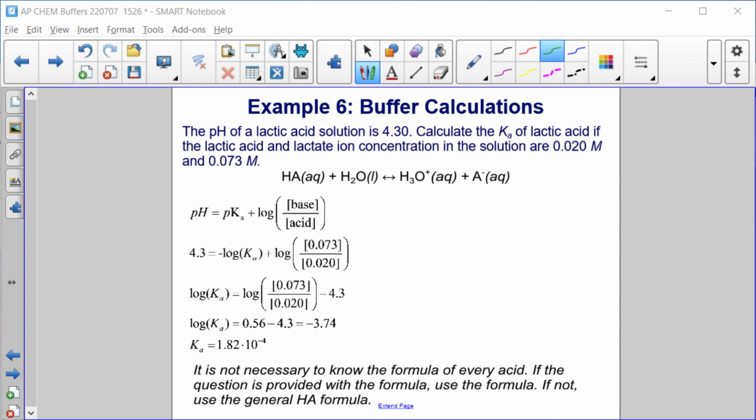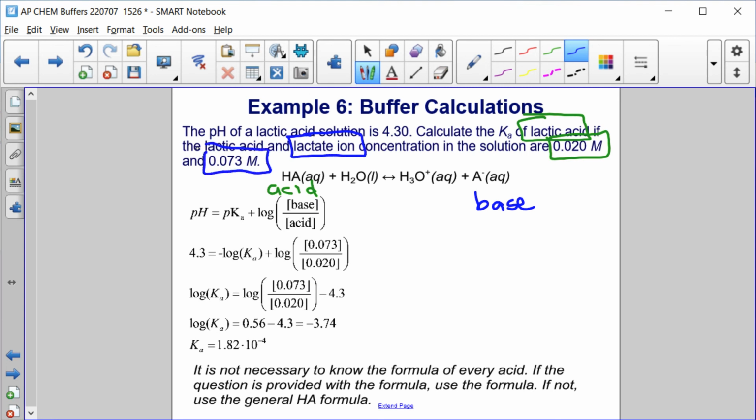We can just use the general dissociation of a weak acid, HA. So this is our acid. In this case, it's the lactic acid, which we're told has a concentration of 0.020, and that dissociates into a base, which in this case is the lactate ion with a concentration of 0.073 molar.